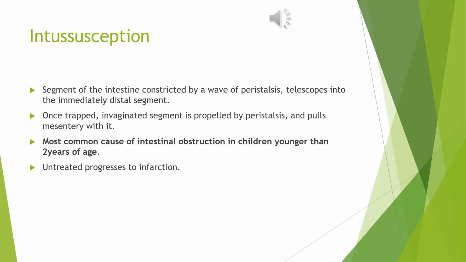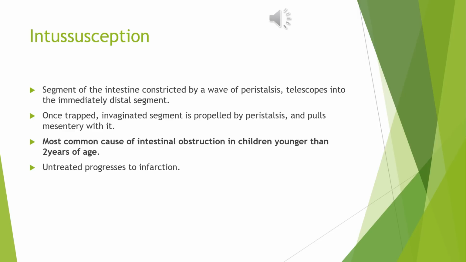So what is intussusception? Intussusception is the most common cause of intestinal obstruction in children under the age of 2. And it happens when a segment of the bowel that is constricted by a wave of peristalsis telescopes or enters into an immediately distal segment that is wider in its diameter.